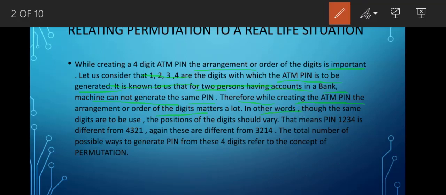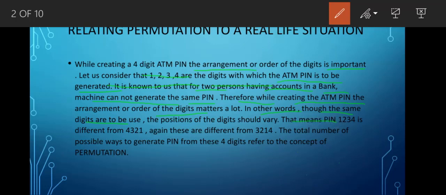In other words, though the same digits are to be used, the positions of the digits should vary. That means if suppose for the first PIN the arrangement is 1 2 3 4, the second PIN should be a bit different. That means position of the digits should be interchanged.